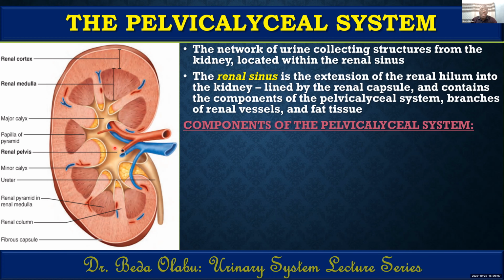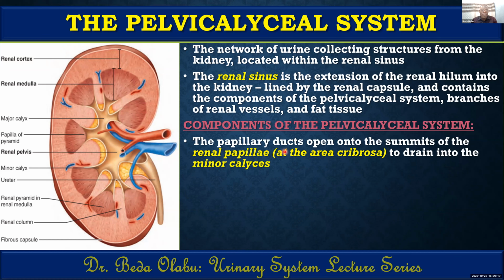Now, in particular, when you talk of the pelvicalyceal system, what are we referring to? The pelvicalyceal system consists of the following. We've mentioned the papillary ducts, and that papillary ducts open at the summit of the renal papilla. Now, this summit of the renal papilla has a lot of perforations.